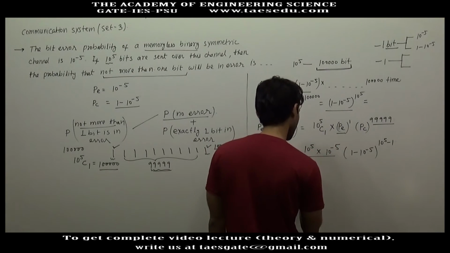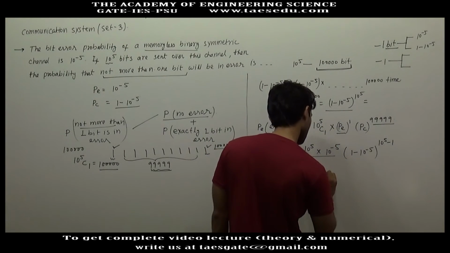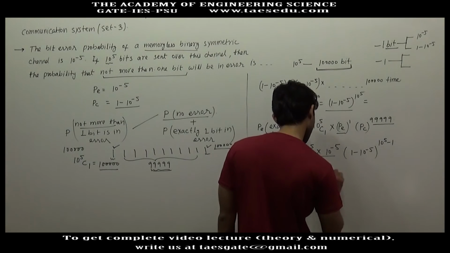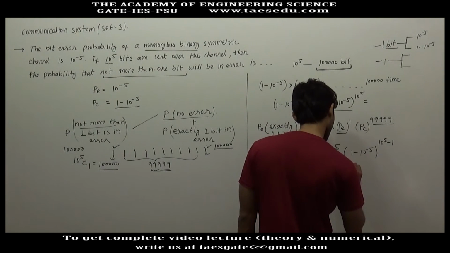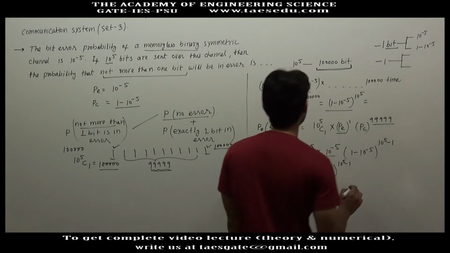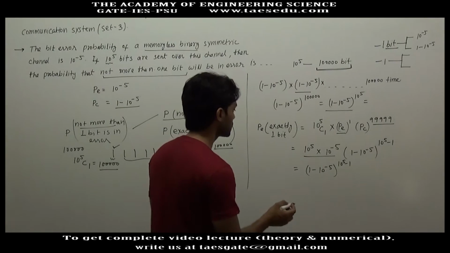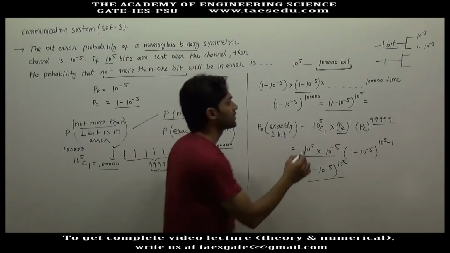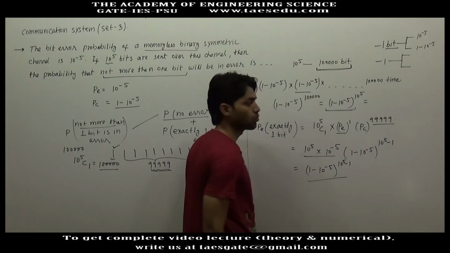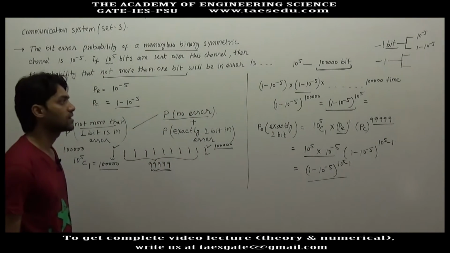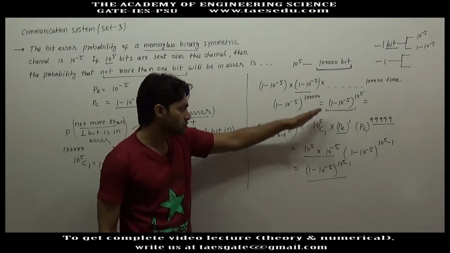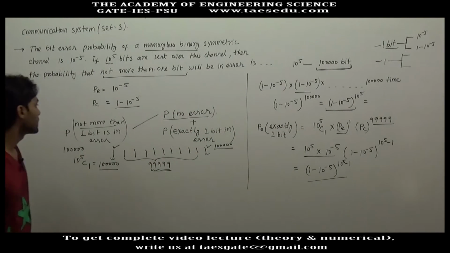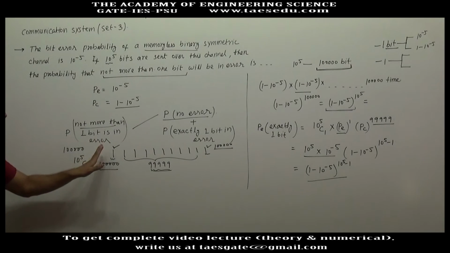This is equal to 1. So we have to find out 1 minus 10 to power minus 5 into 10 to power 5 minus 1. So this is the probability when exactly one bit will be in error, and this is the probability when no bit will be in error. And when we add these two probabilities, we will get that not more than one bit will be in error.